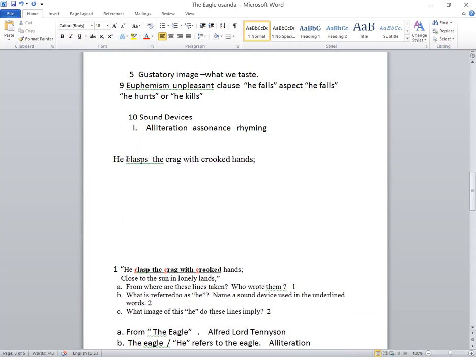Now you see these words: clasp, crack, crooked. These three words have something in common. One sound in common. What is it? What is the common sound of these three words?